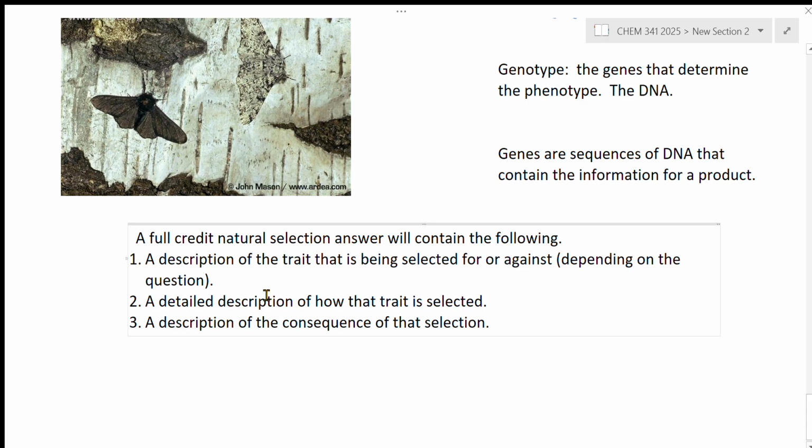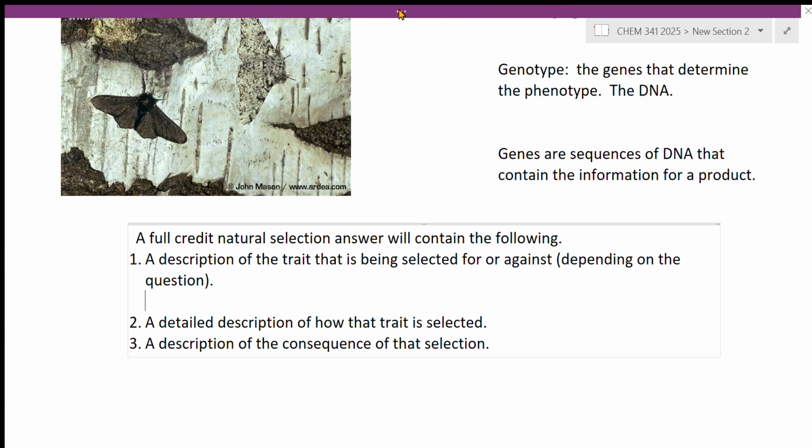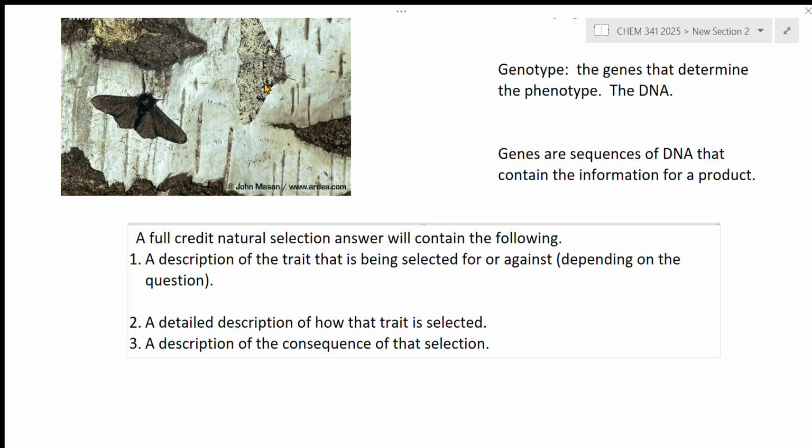Let's go ahead and fill this in for our example up above. I would like blue text, please. Let's see how easy this is.